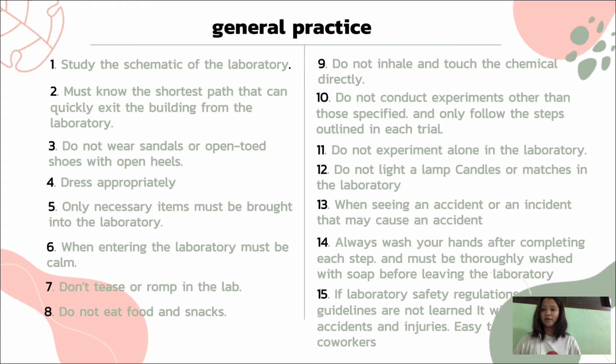Study the schematic of the laboratory in order to know the location of the devices and what they relate to security. Number 2. Must know the shortest path that can quickly access the building from the laboratory, and should study at least 2 ways out of the lab to be prepared in case of emergency.